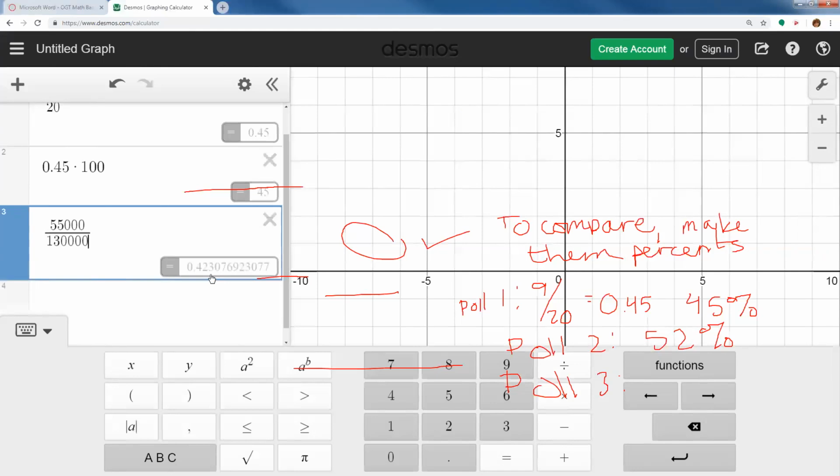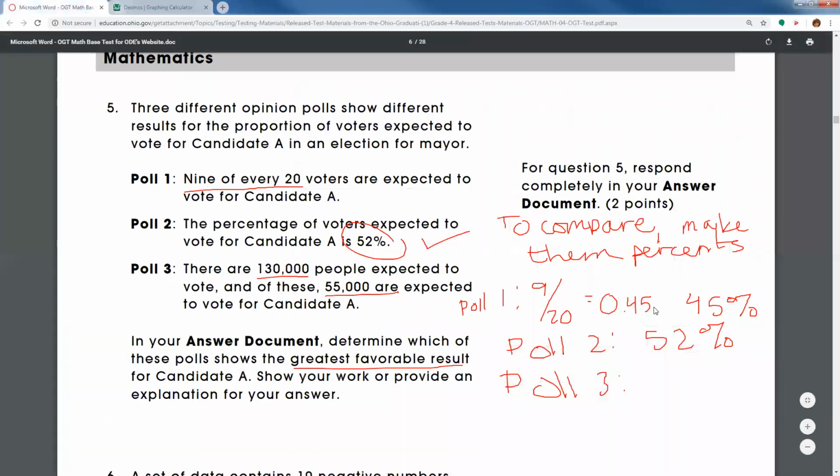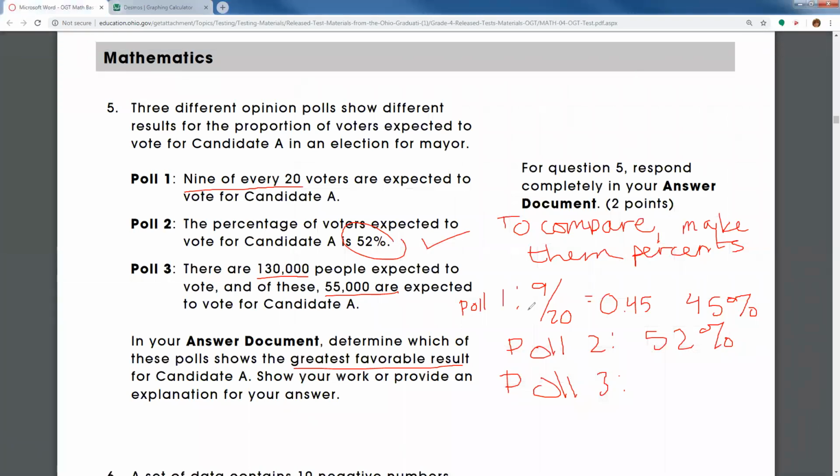Yep, the 3 is not going to round it up. You could just do 42%. You could even do 42.3%. I think both would be acceptable. If it were like 42.6 though, and you just did 42, you would want to round that up. If it was 42.6, write 43.